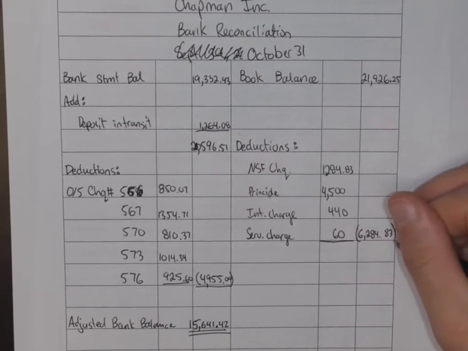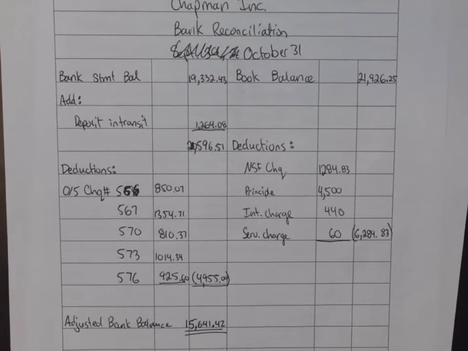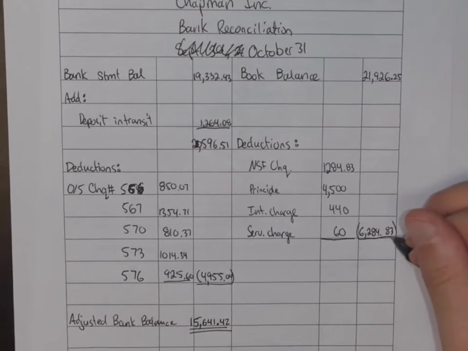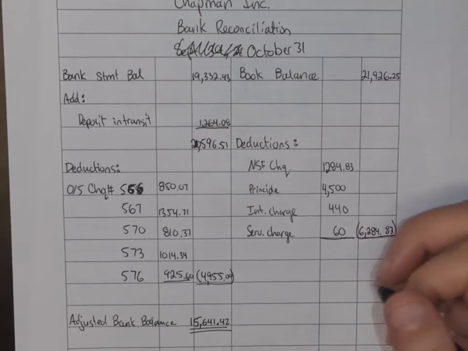We put these in brackets because these are deductions, right? And so this amount, that's this amount.